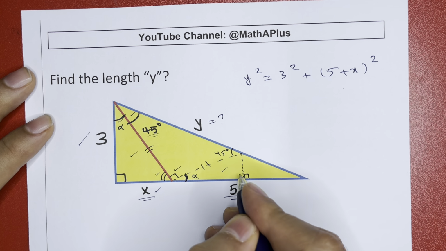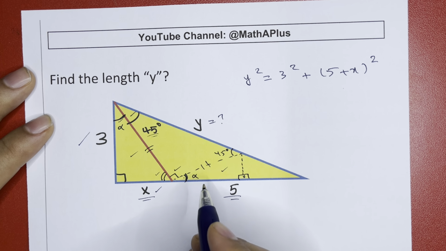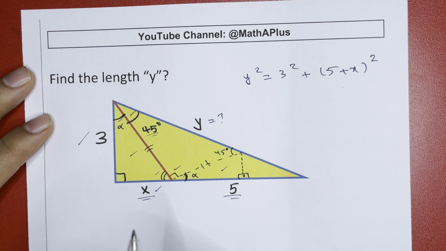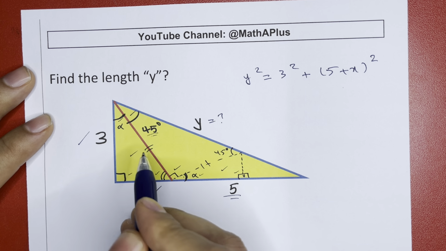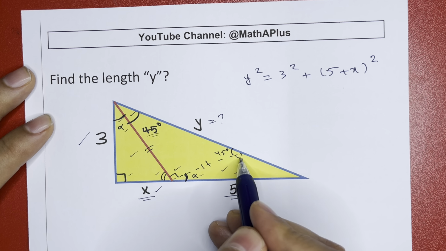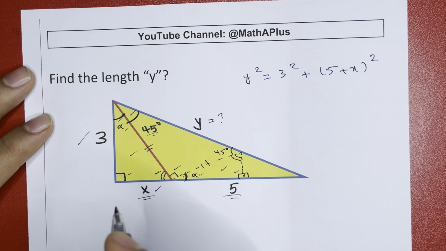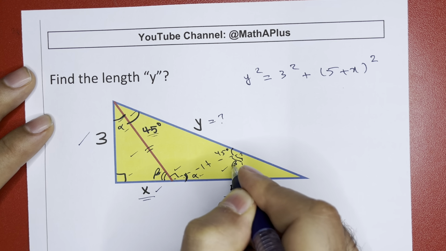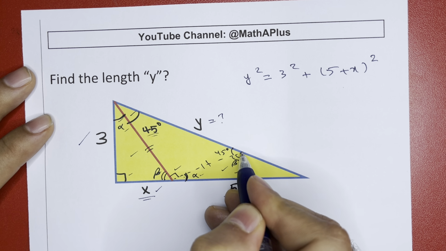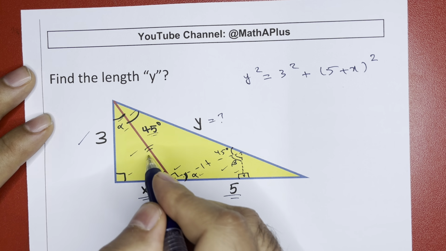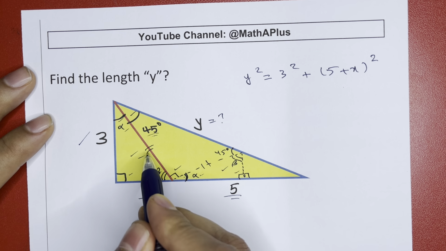In these two triangles, this is also 90 degrees, this is also 90 degrees. So these triangles are similar because all angles are the same: 90 degrees, 90 degrees, alpha, alpha. For sure, the other angle, this angle, is gonna be the same as this angle here. Let's call it beta, for example. For sure, this is gonna be beta. And this hypotenuse for this triangle is exactly the same as this red line, or hypotenuse for this triangle here.